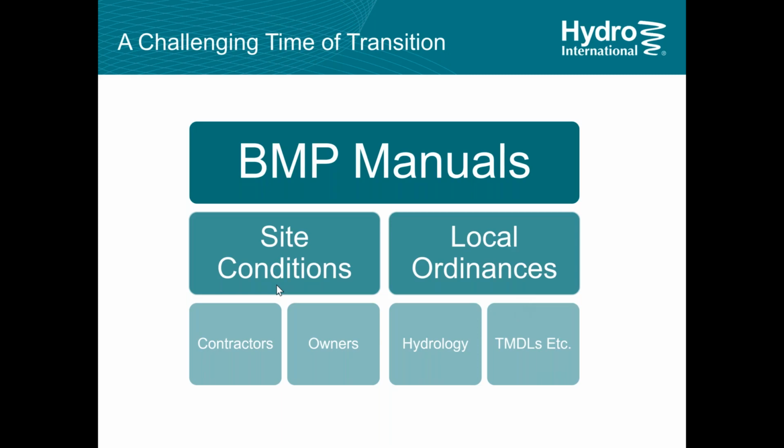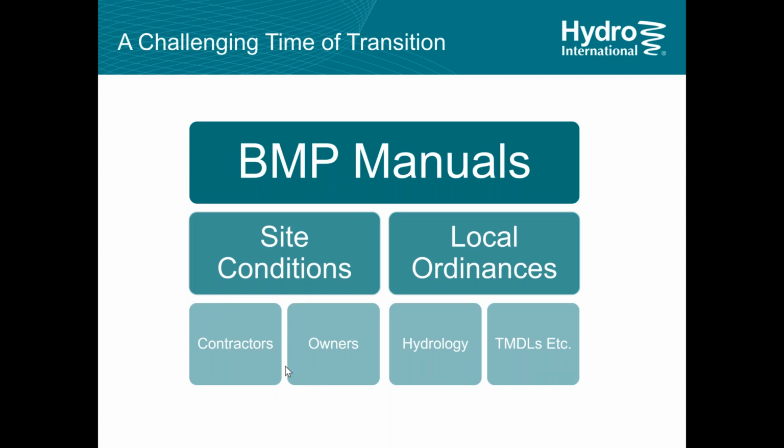against all the conditions. And some of those site conditions are going to be physical, like slopes and impervious cover, the infiltration rate of soils, and things like that, things that come with the actual landscape. And then some of it is going to be a little bit more human.